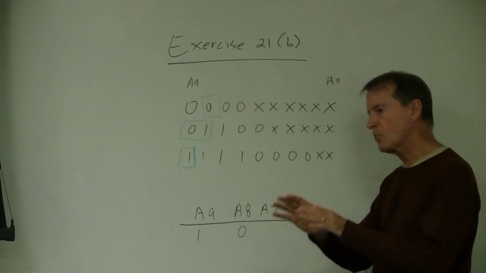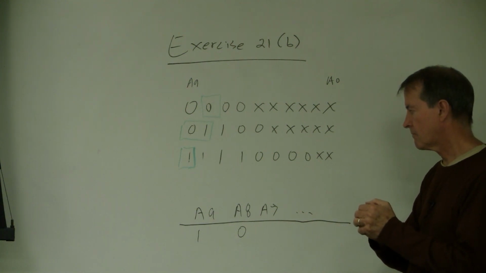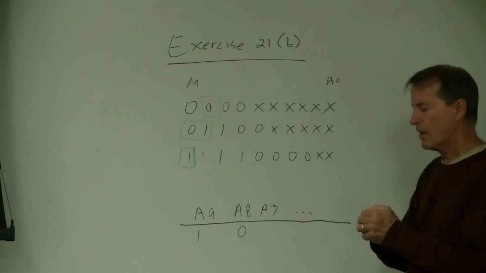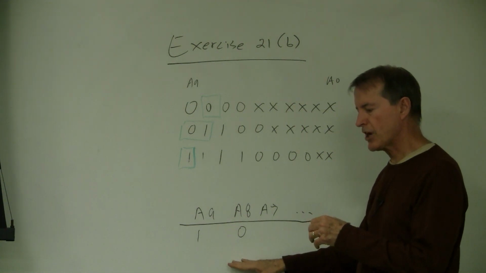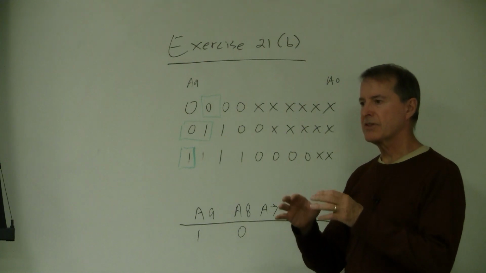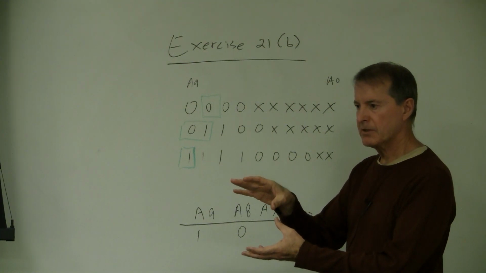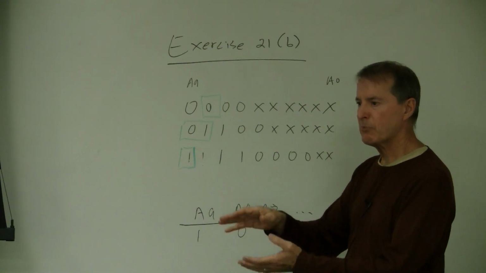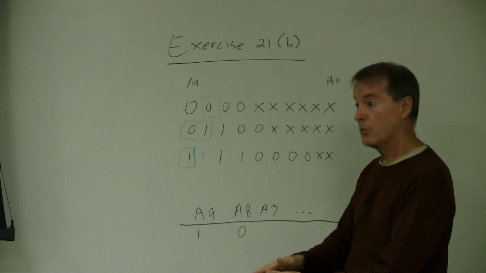Okay. Now, are you with me on this? Well, I just don't get why the A9 could change, but not the A8. Don't think of this as being changing. Think of this as the CPU requesting the memory subsystem to put information on the bus. Are you with me?